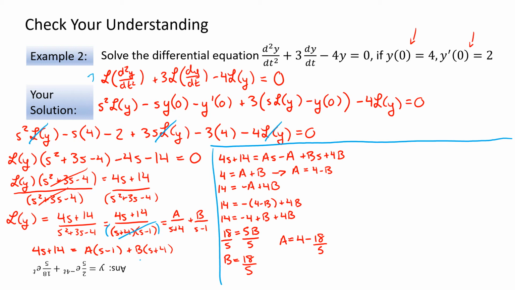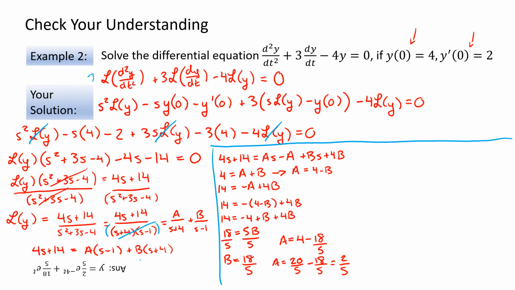And you can either put these in your calculator and convert it to a fraction, like I've showed you in the past, or you can multiply these out as fractions. If you do that, you get a is equal to 4 is the same as 20 divided by 5 minus 18 over 5, which gives you 2 divided by 5. Okay, so a is 2 over 5 and b is 18 over 5.